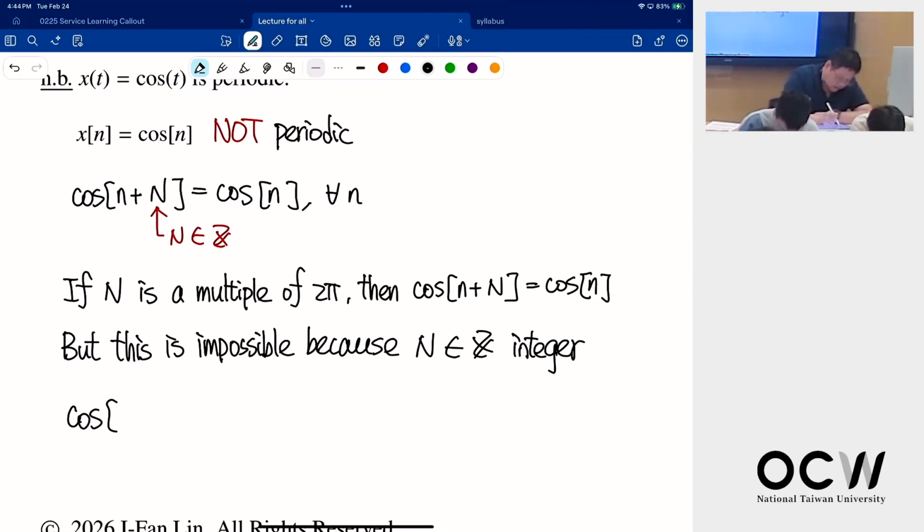How about cosine 2 pi n? Is that periodic or not? In this case, this is periodic.